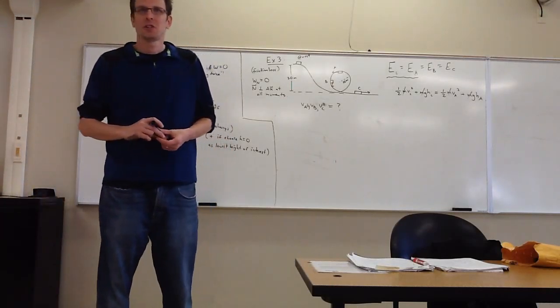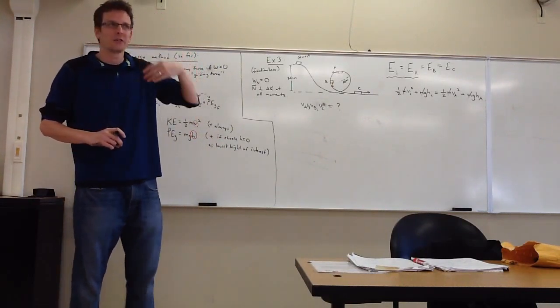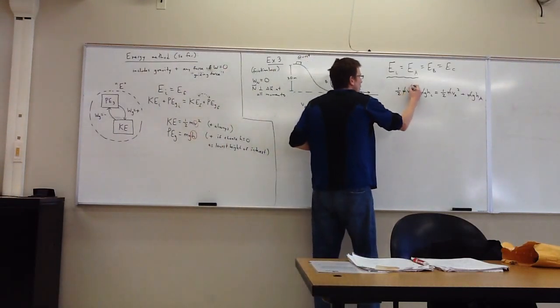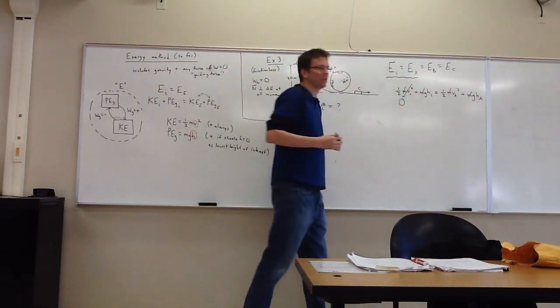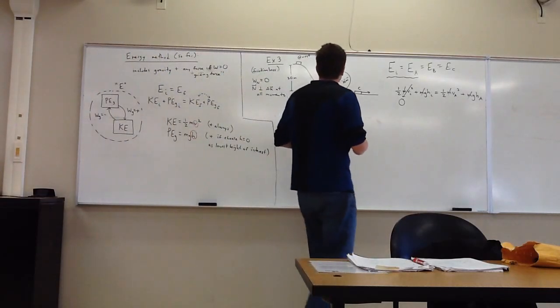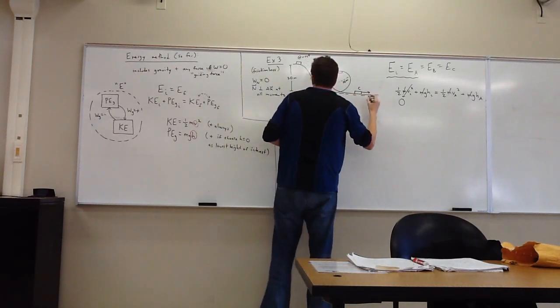Okay, so at the initial point, at the top of the initial hill, how much kinetic energy does it have? 0, because it's not moving. So all of its energy is stored. Let's go ahead and set the reference height.